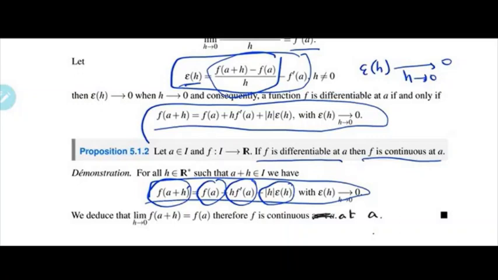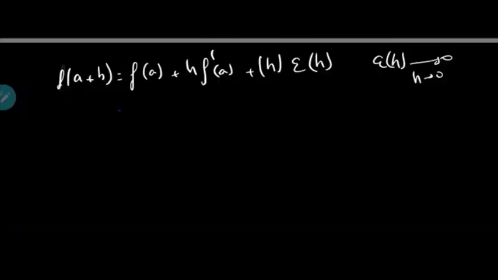Now, this equality is even much more interesting. We'll be dealing with such expressions in the last chapter, but right now I will make a small interpretation of what's written here. This is the expression that we obtained for the differentiability. Let's try to read it a little bit differently.